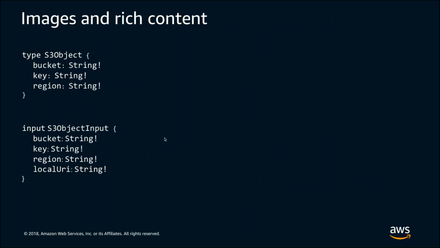Now, one of the things about GraphQL is that the response type is always application JSON. So how would you transfer images and rich media? In order to do that, we support a special type called S3 object and S3 object input.